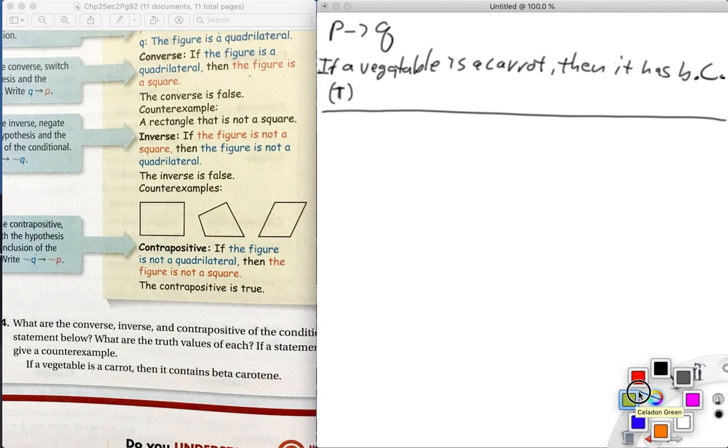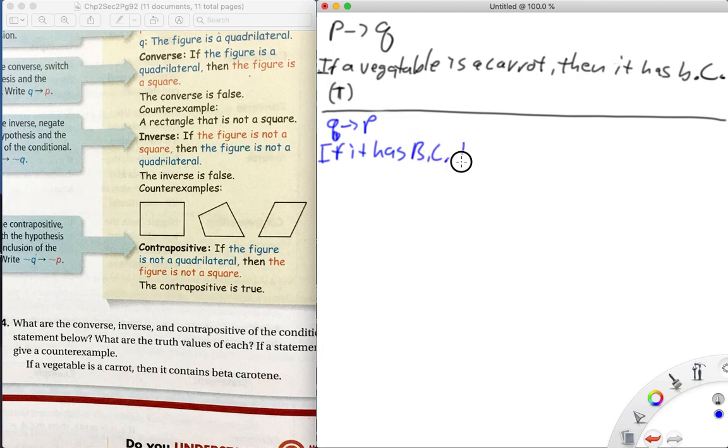The converse is when I flip the hypothesis and the conclusion. So if Q then P. So the converse would be: if it has beta carotene, then the vegetable (VG for vegetable) is a carrot.